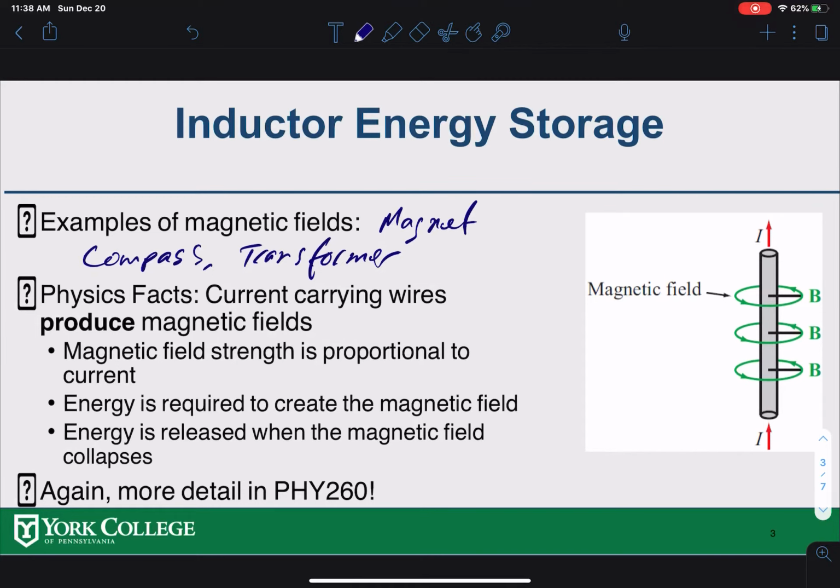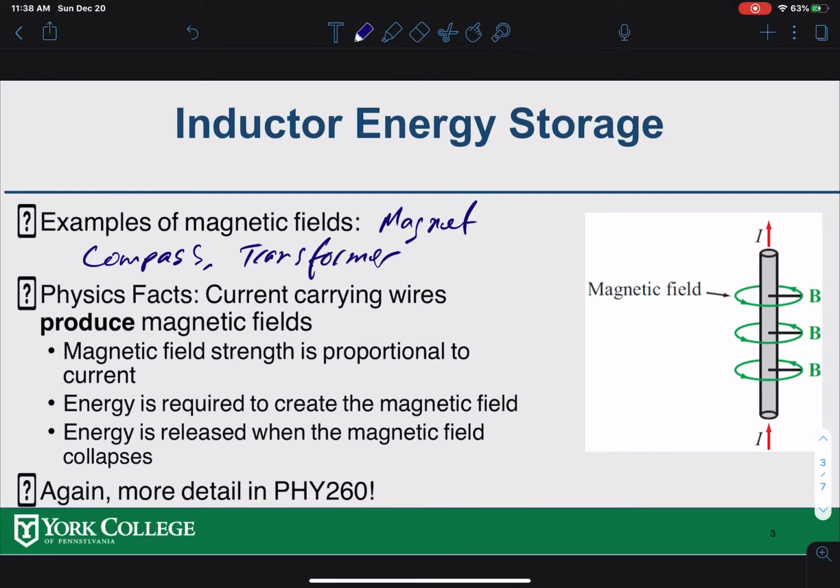In physics we're going to learn more about this, but I'm going to give you a simple idea here. The more current you supply to the wire, the stronger the magnetic field. So magnetic field and current are directly proportional to each other. The magnetic field is created because of the current, and energy is stored in the magnetic field.